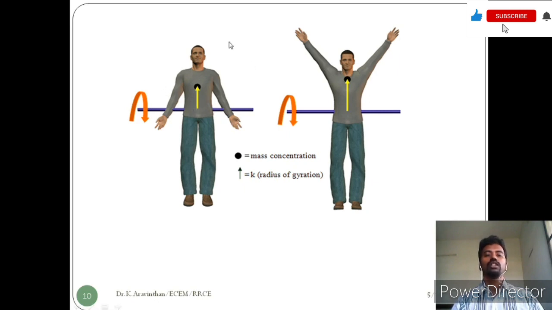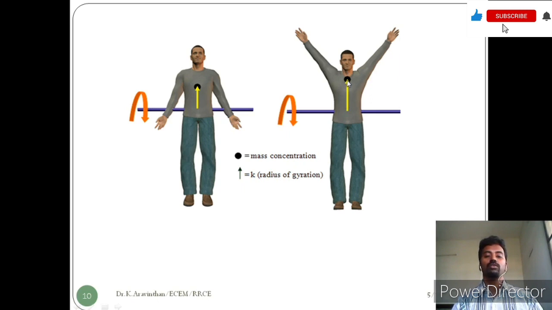If a human stretches his arms, you can note that the radius of gyration distance is increased.